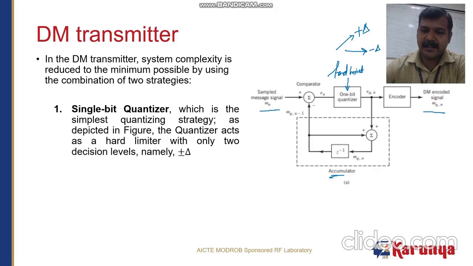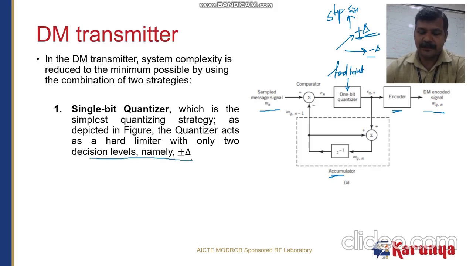After quantization you will get the step size known as delta, which may be positive or negative. Based on the positive or negative value, one can encode it in a very simple way to achieve the delta modulated encoded signal m_q[n]. So the quantizer acts as a hard limiter with only two decision levels, namely plus or minus delta.